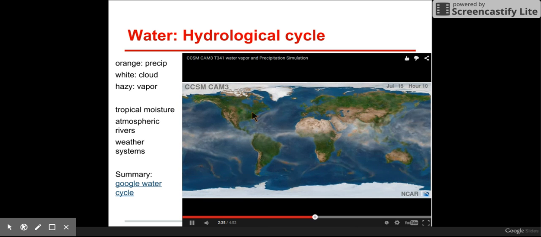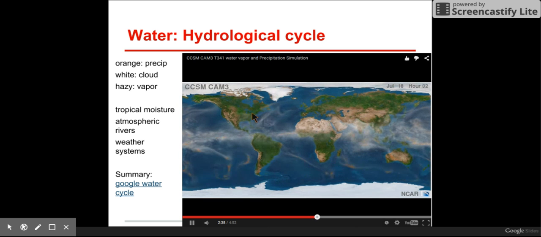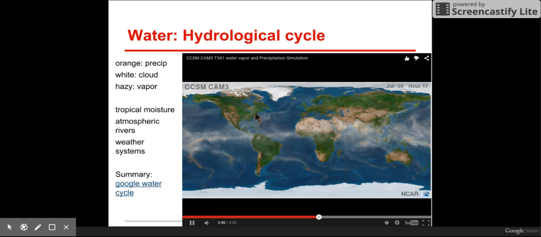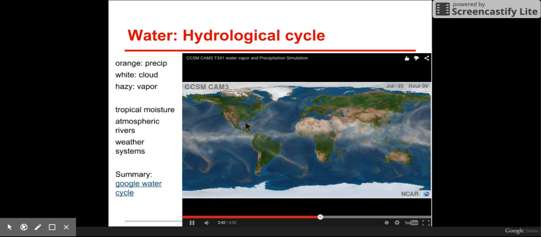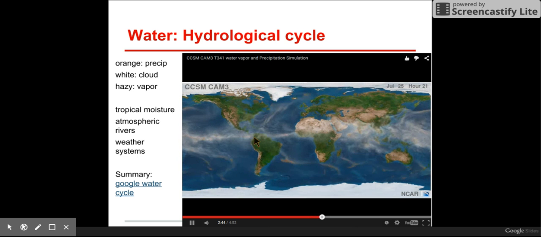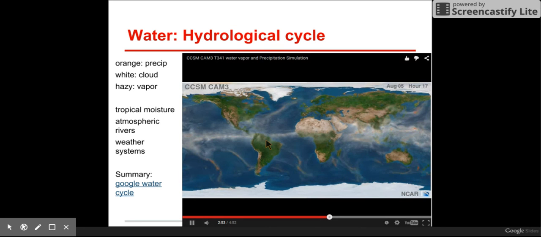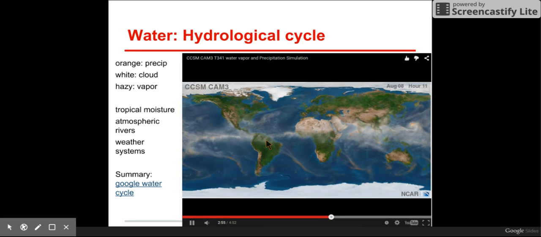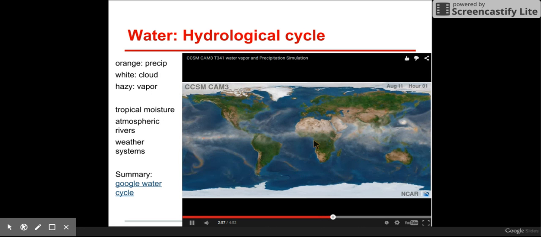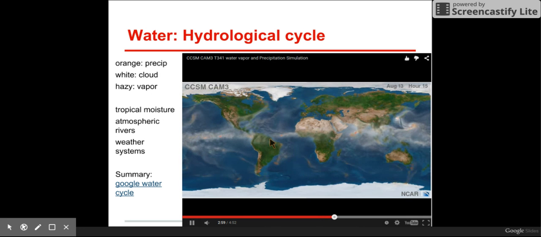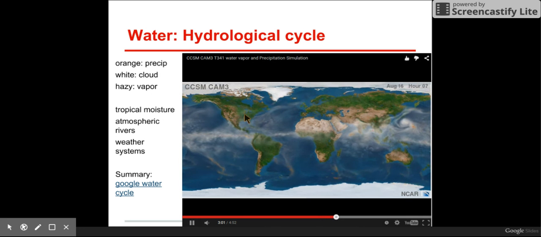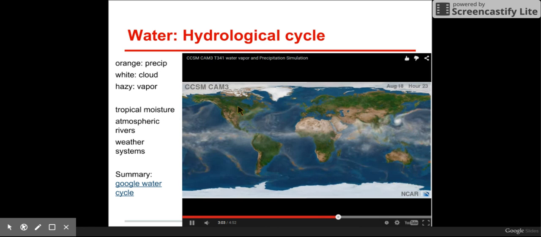You'll notice for the northeastern part of the United States that much of this water vapor comes from the Gulf of Mexico and some of it from the Atlantic. So in general, you will see a transport of water vapor that evaporates over the ocean and then is taken by weather systems overland and provides most of the precipitation.